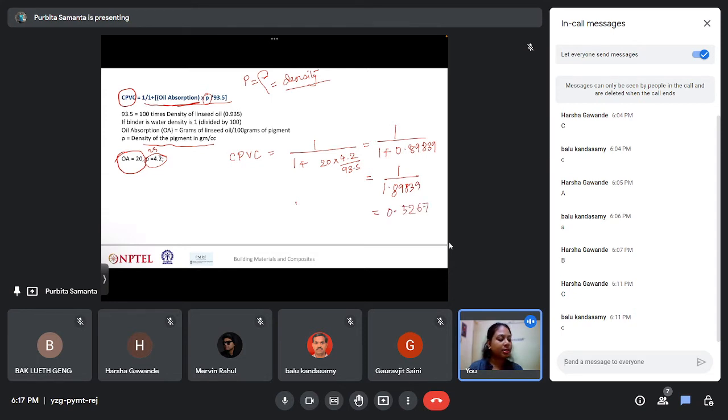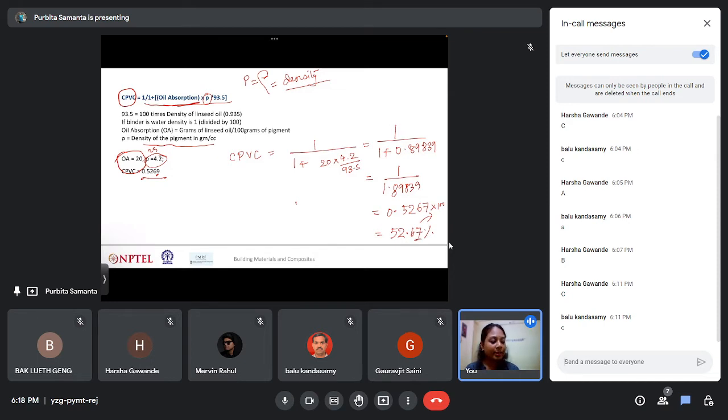If you convert it into percentage, you multiply with 100, and that is equal to 52.67 percentage. So this is how we calculate the CPVC value. The answer is basically 0.5269; the 69 versus 67 is because of the rounding off of the value. Other than that, this is how we calculate it.